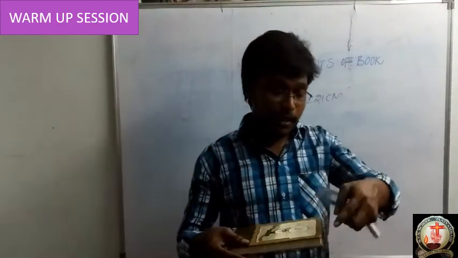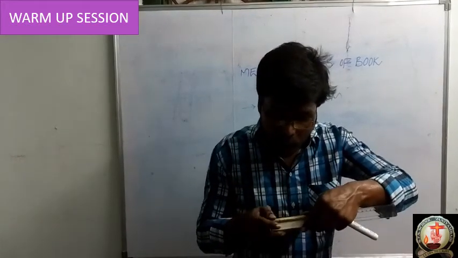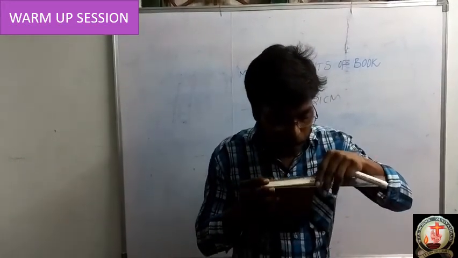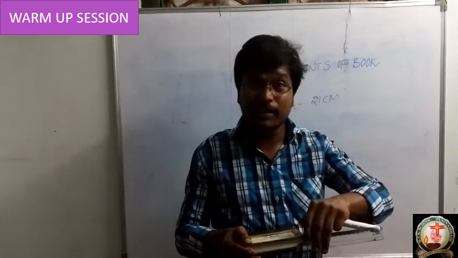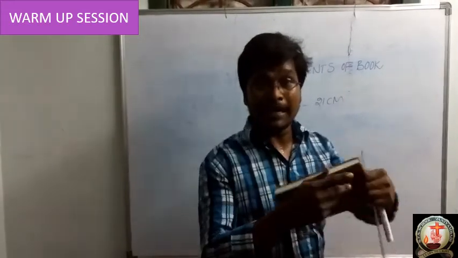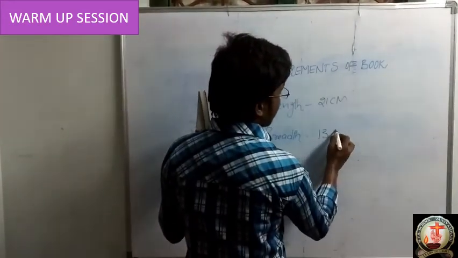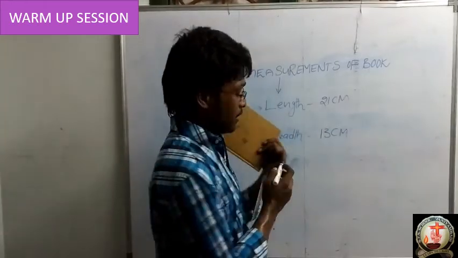Second one is the breadth of this book. So now I am going to find the breadth of the book. Here the breadth of this book is 13 centimeters. How much? 13 centimeters. So the breadth of this book is 13 centimeters.